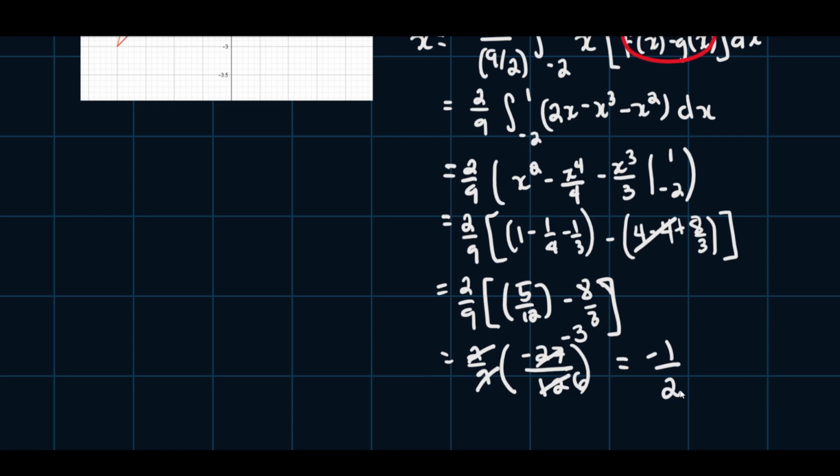Okay? Now, for the y coordinate of our center, this is equal to 1 over twice the area. So, 1 over 9 times the definite integral from -2 to 1 ng f of x squared. So, that is 1 minus x squared squared minus g of x squared.